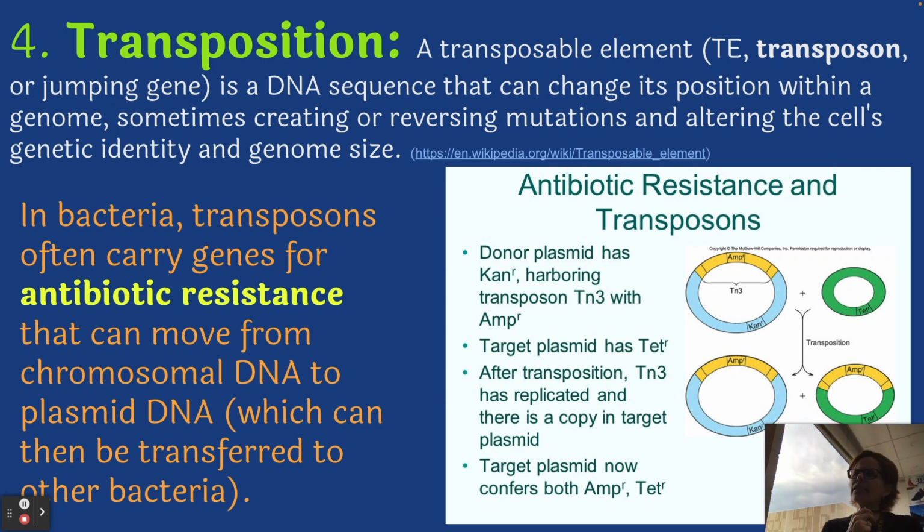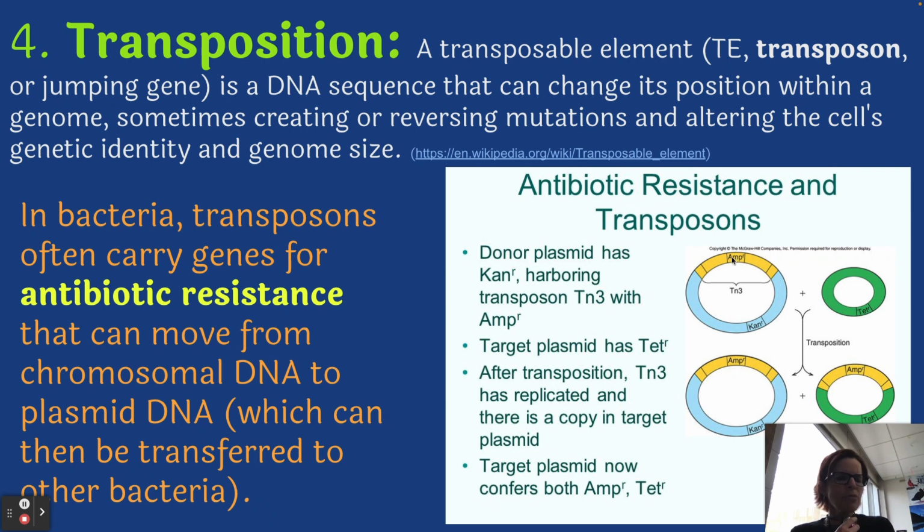All right, and then the last thing is called transposition, or transposons. Some DNA can jump from one location to another. In bacteria, they have their main circular DNA, and then they have these little things called plasmids.